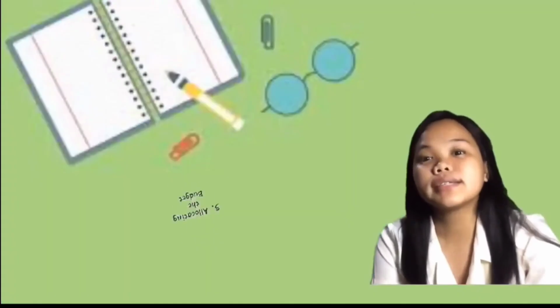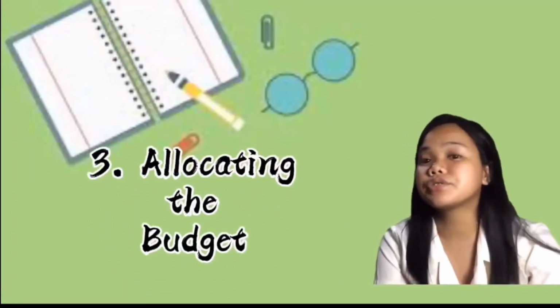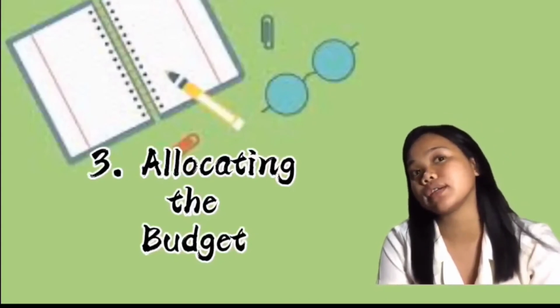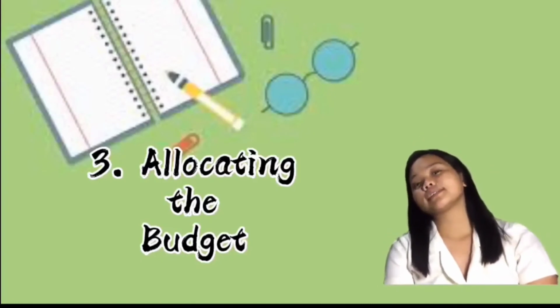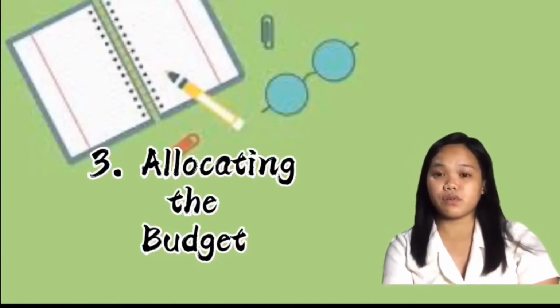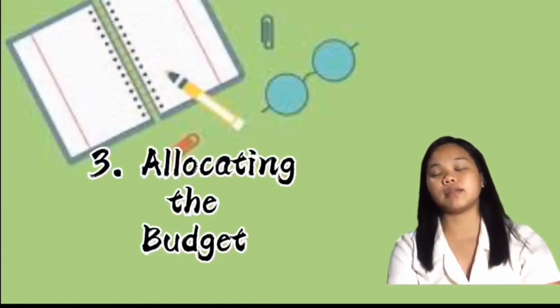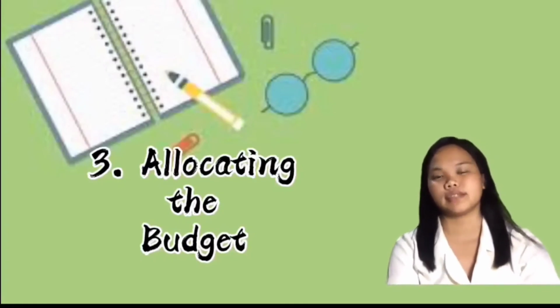Allocating the budget is the third step in planning the retail communication program. One of the key activities they should focus on in the initial phase of retail marketing is creating an allocation of budget.